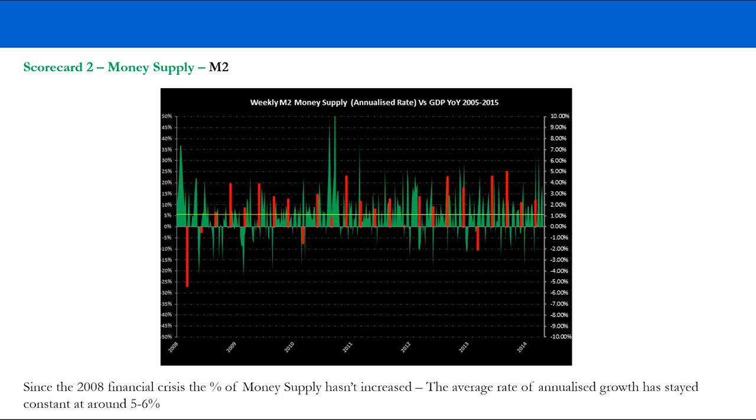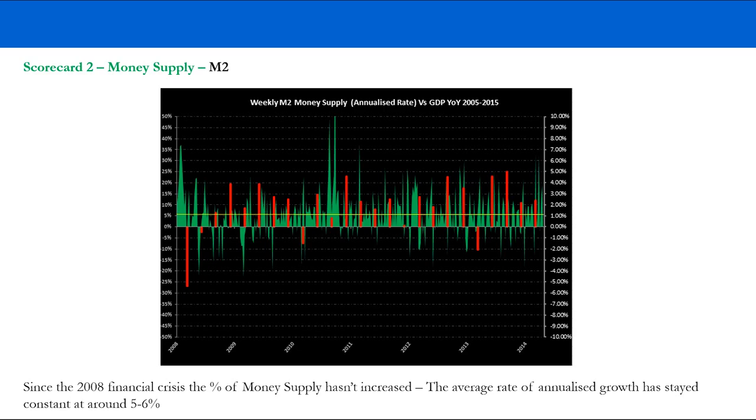And since the 2008 financial crisis, the percentage of the money supply actually hasn't increased. So if we look back at the billions of dollars numbers, the nominal numbers have increased, but the annualized weekly growth rate, the percentage move on a weekly annualized rate, hasn't really materially increased.